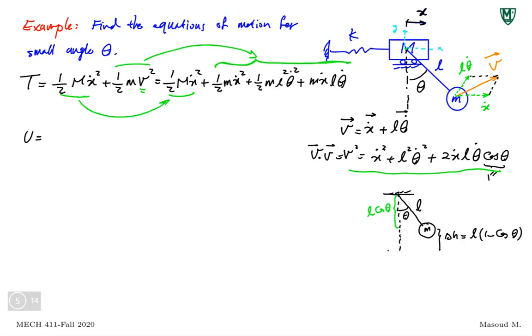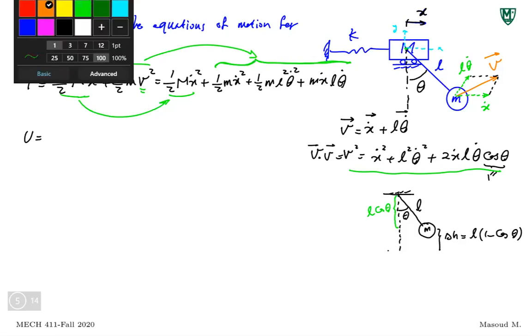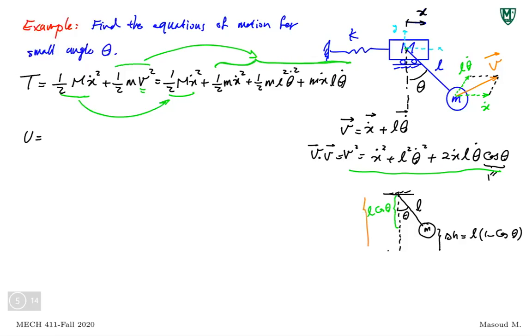Since the whole thing is L, this is the motion of the pendulum. If it goes up this amount, given theta angle from the equilibrium point, we had L cosine theta looking at this triangle right there.